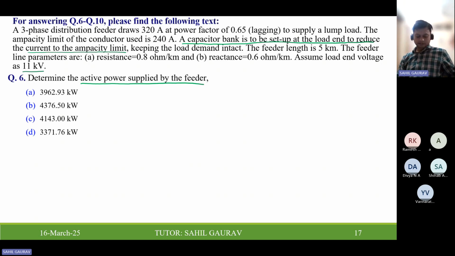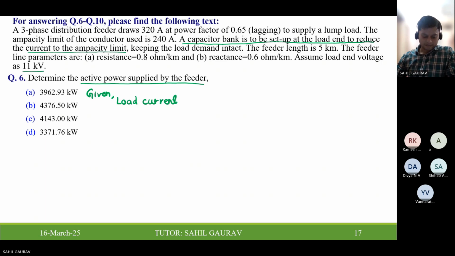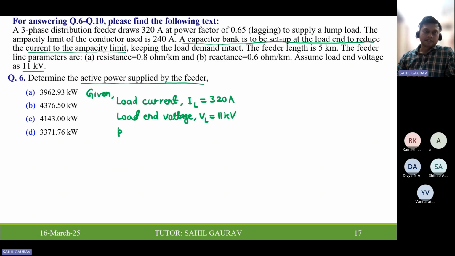So yes, what are the things given here? Load current IL is given as 320 ampere, load end voltage is given as 11 kV, and power factor is given as 0.65 lagging.